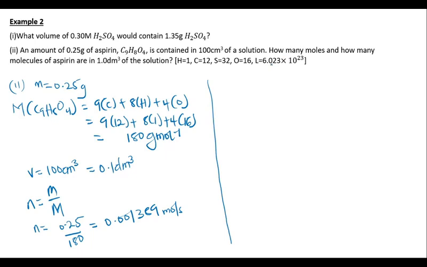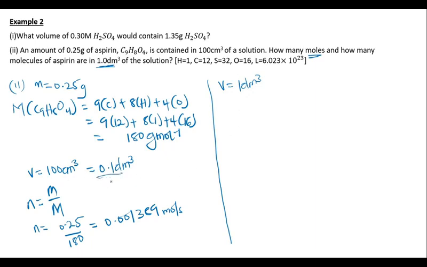All right, now that we have the moles, let's go ahead and see what the second aspect of the question is telling us to find. How many moles and how many molecules of aspirin are there in 1 dm cube of the solution? Now we already found the mole in 100 cm cube.